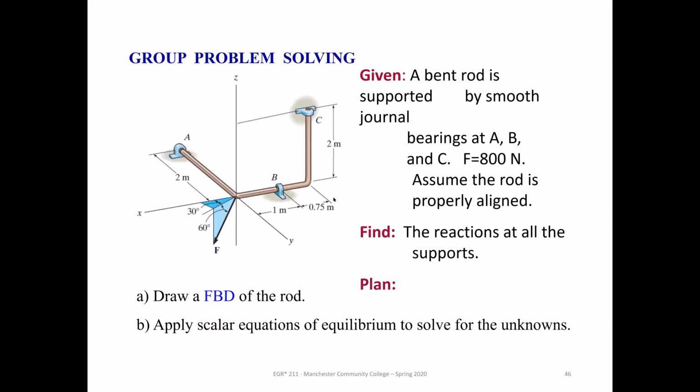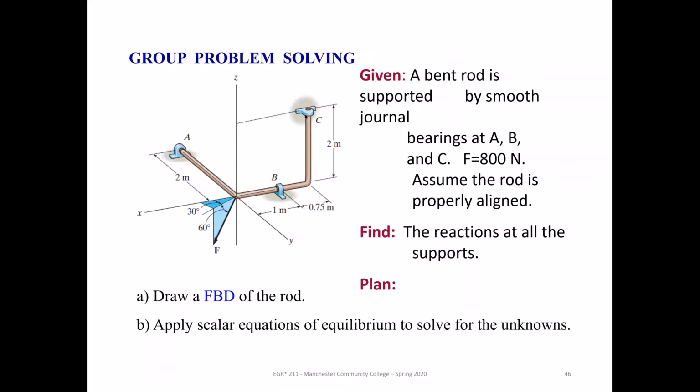Okay, so for the next problem that we'll look at, we have another one, a bent rod supported by smooth journal bearings A, B, C. Assume the rod is properly aligned. In that case, there will be no reactive moments at any of these bearings.